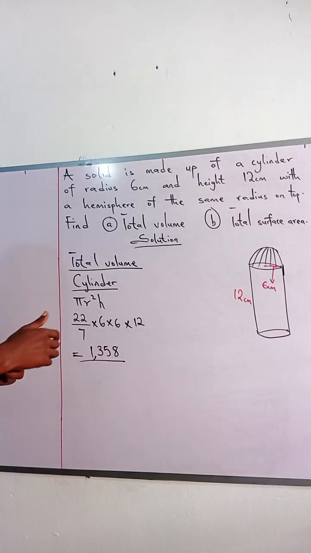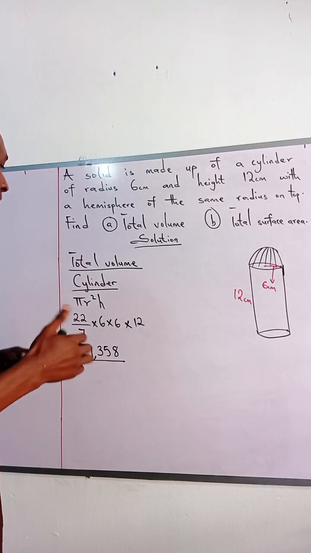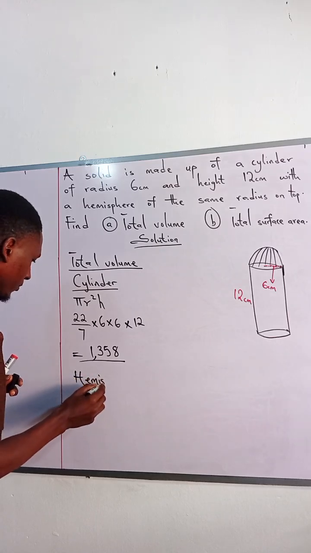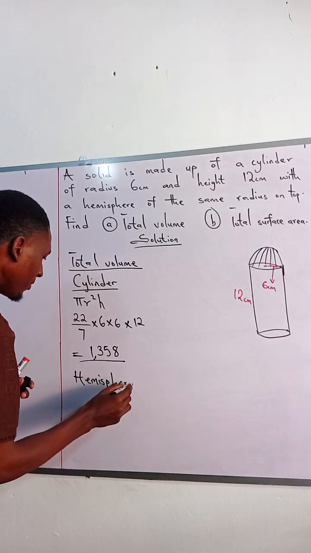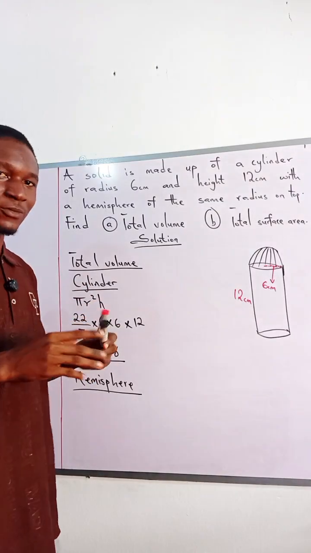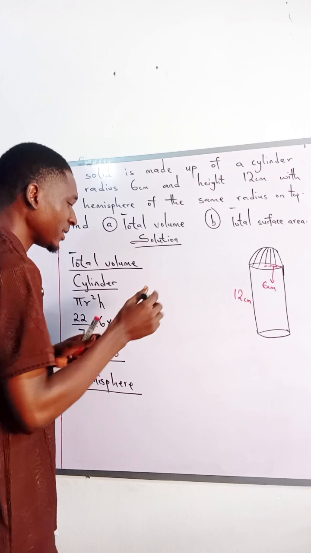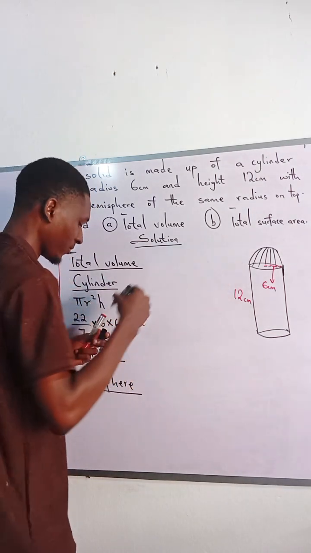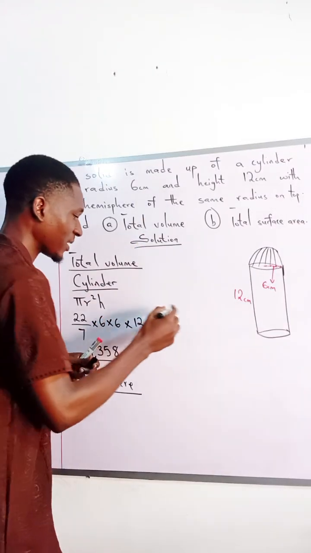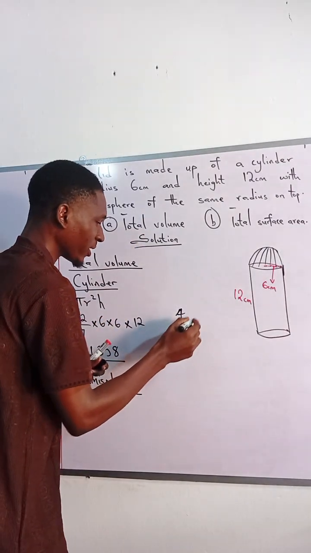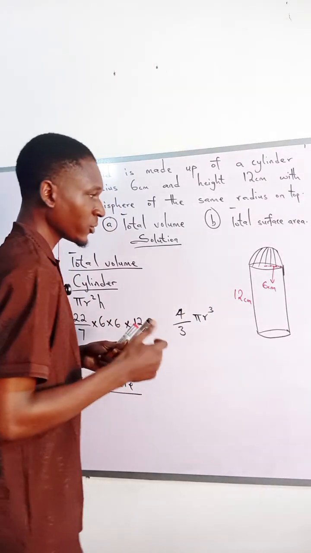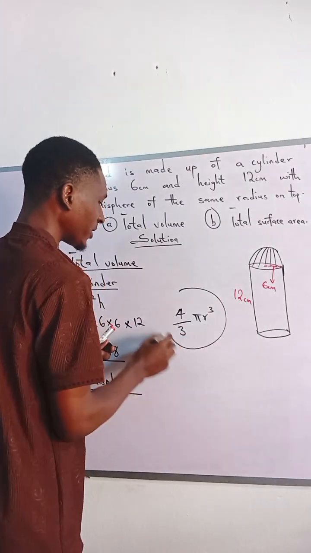So what is the volume of this hemisphere? The volume. We now go to the hemisphere. Remember, a hemisphere is half of a sphere. What is the formula for calculating the volume of a complete sphere? The formula for calculating the volume of a complete sphere is 4/3 pi r cubed. Okay, this one is for the complete sphere, the whole.